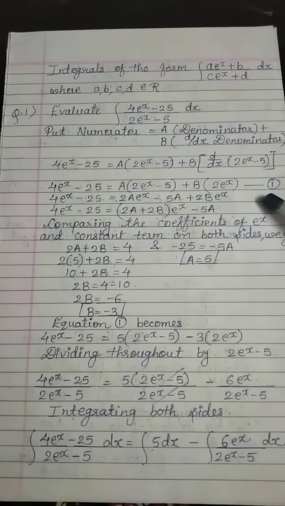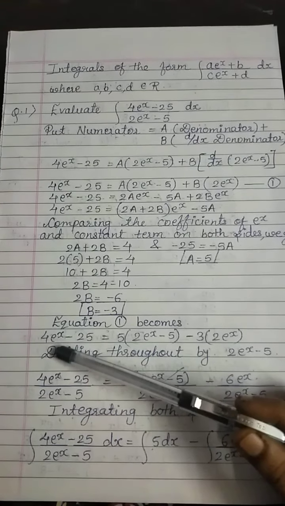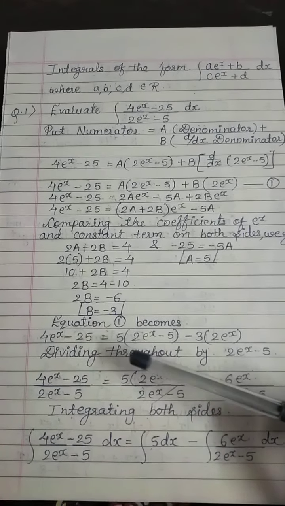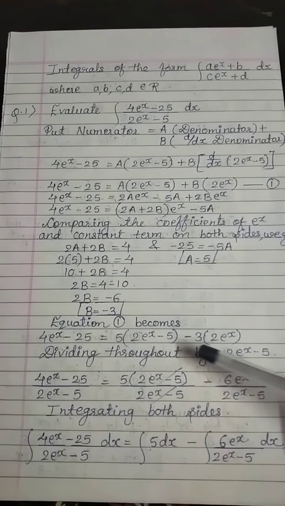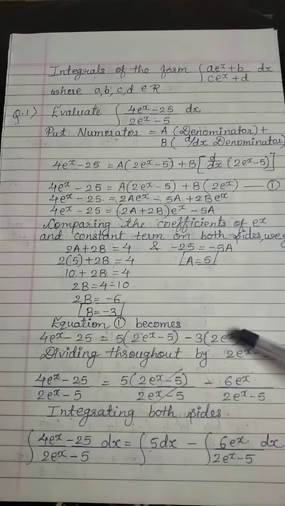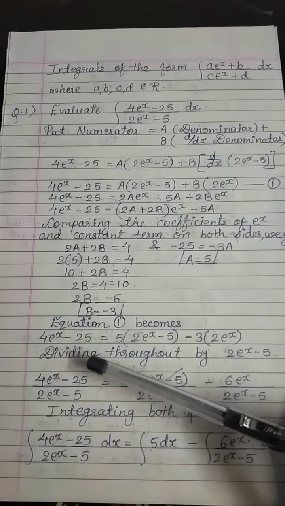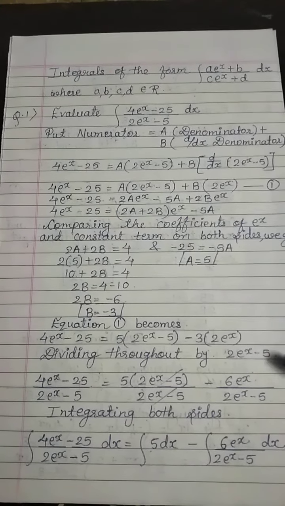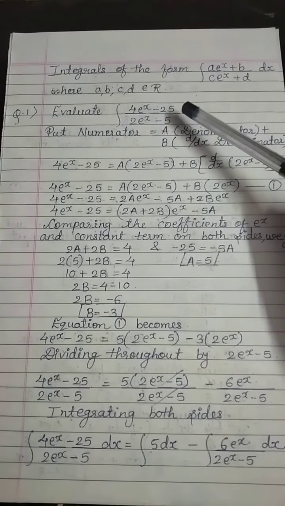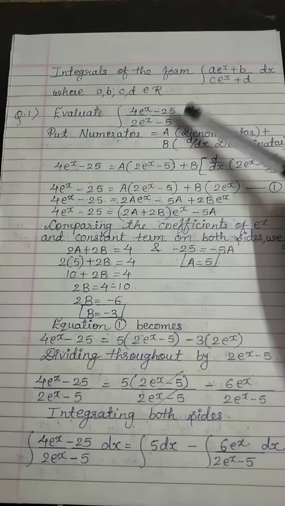Now since we know both the values a and b, we will substitute both constants in equation number 1. So equation 1 becomes 4 e raised to x minus 25 is equal to 5 into (2 e raised to x minus 5) minus 3 into 2 e raised to x. Before integrating, we divide throughout by 2 e raised to x minus 5, because in our original question we want 2 e raised to x minus 5 in the denominator.